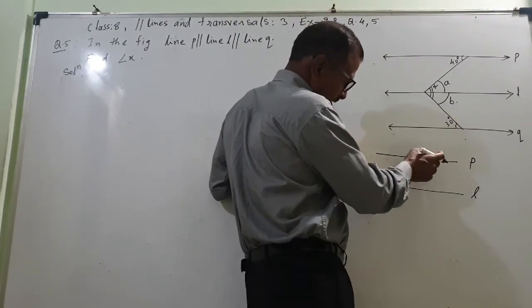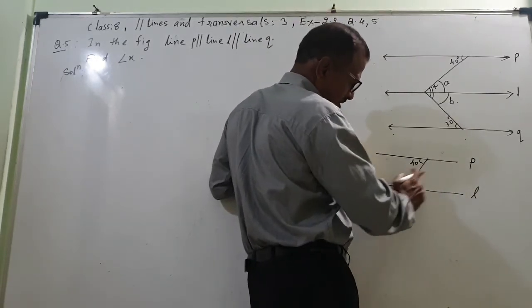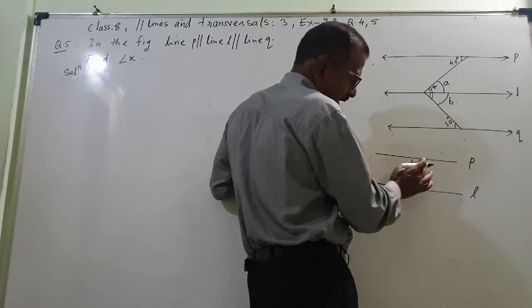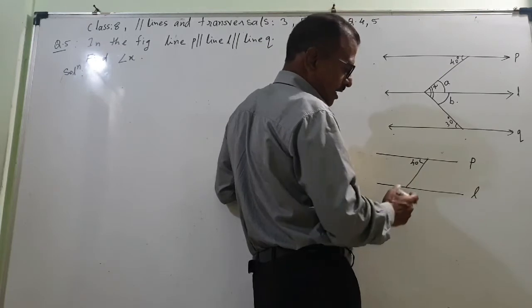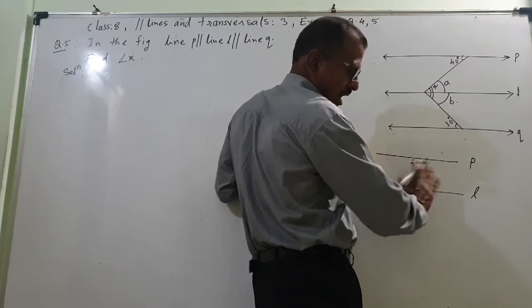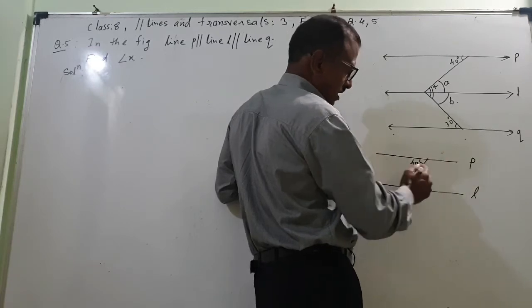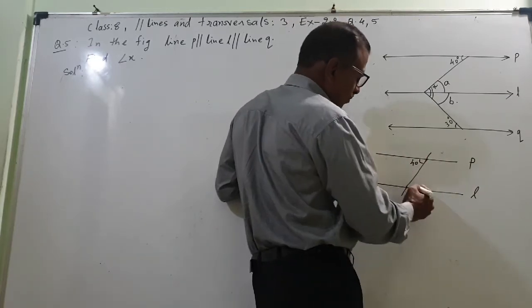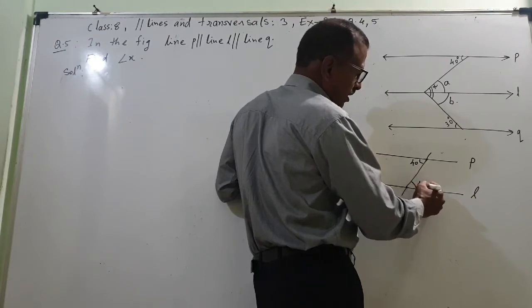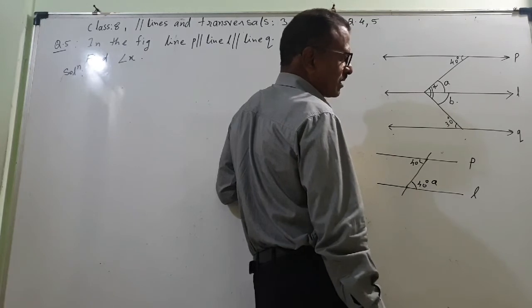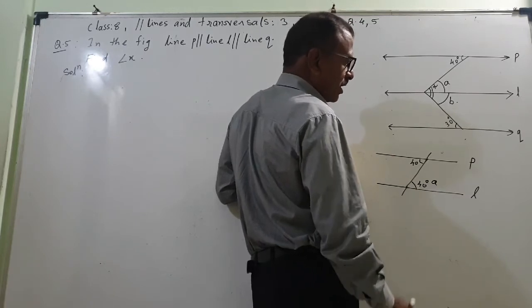See that this is on this side, this is on this side, this is below, this is above. So these are known as the alternate angles. Alternate angles are one is below, one is above on the opposite sides of this transversal. If this is 40, then this is also 40 degree. Means angle A which we have considered is also 40 degree.